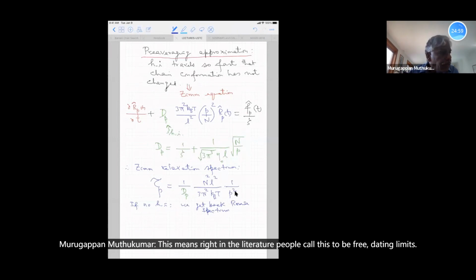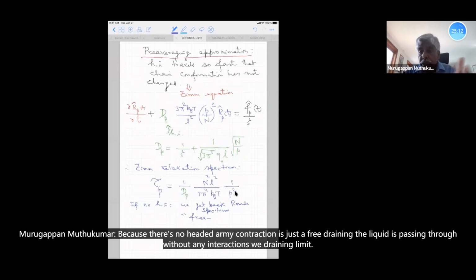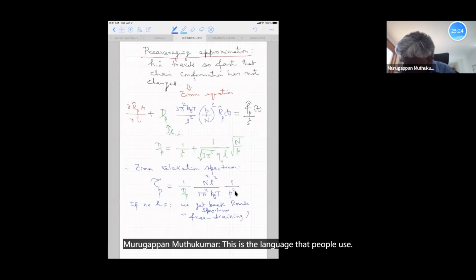This means, in the literature, people call this the free draining limit. If you take books, they call this the free draining limit, because there's no hydrodynamic interaction. It's just free draining. The liquid is passing through, right, without any interaction. Free draining limit. This is the language that people use.